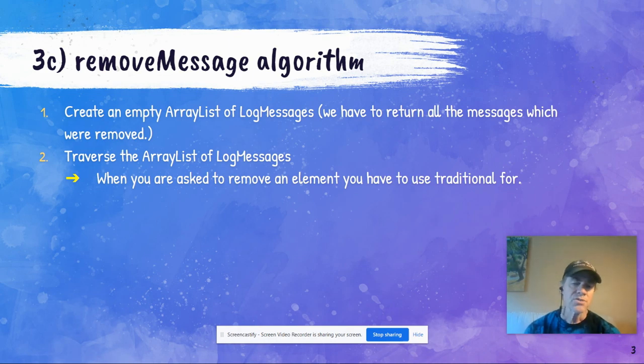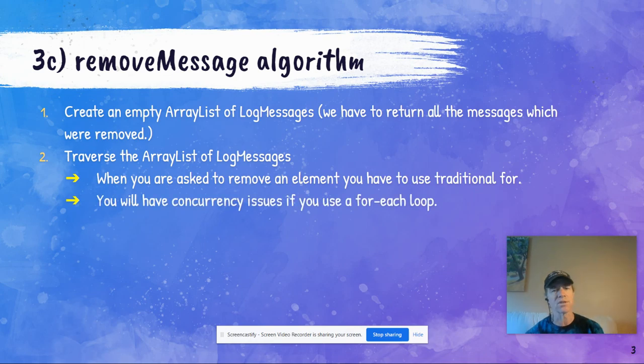When you're taking elements out of an array list, you've got to use a traditional for. And the main reason for that is that you have this thing called a concurrency issue. Because array lists are dynamic, they can grow and shrink during that process.